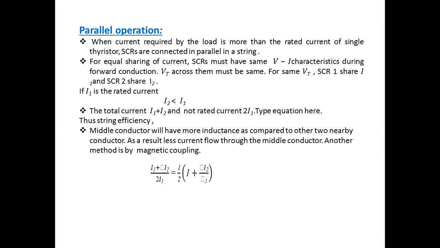If you go for a parallel operation, the requirement is for high current. Wherever high current application is useful, there is a possibility to connect two SCRs in parallel, or further any number of SCRs.